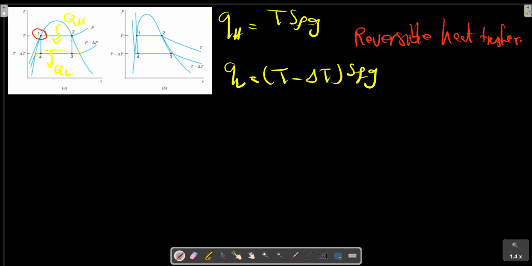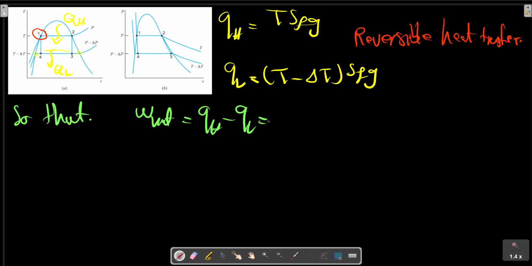So we have W net equals QH minus QL, which is delta T sfg.